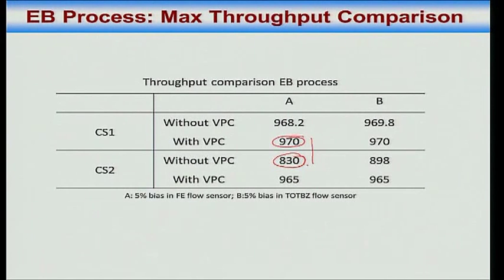That's a heck of a lot of difference. 12%, 14%, I don't know how much more, greater than 10%. Okay, it's a big difference in throughput. Okay, so well, that's the point.